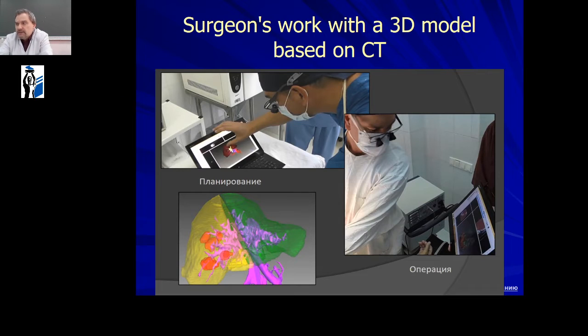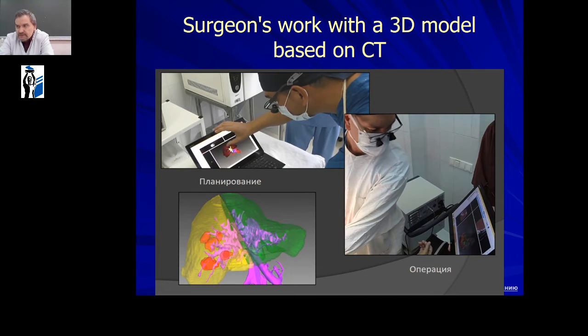Samara State Medical University is one of the leading research centers in Russia in the field of IT technologies. The next slide presents developments regarding the planning and execution of operation based on a three-dimensional model of the liver based on computed tomography.